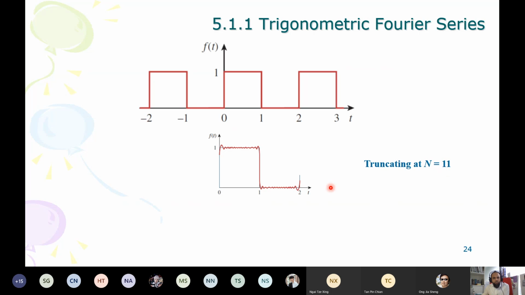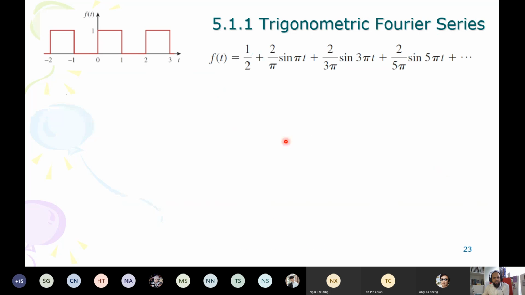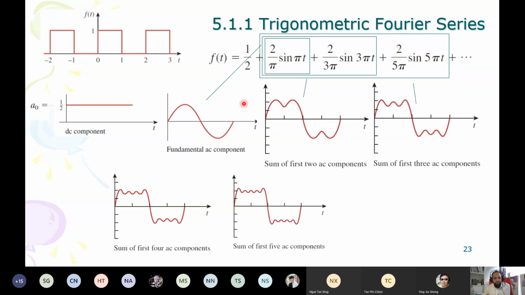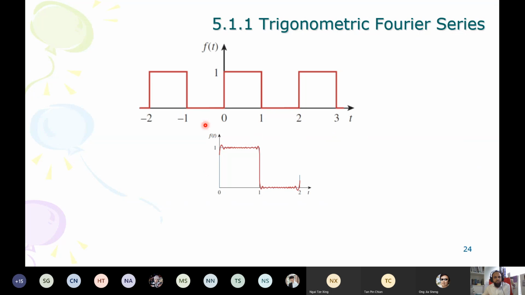Once again, this was the expansion of this one, which didn't look like a square wave, but it was promised that we can express a signal in terms of sinusoids. When we keep on combining the terms, we will get closer and closer to the actual square wave.